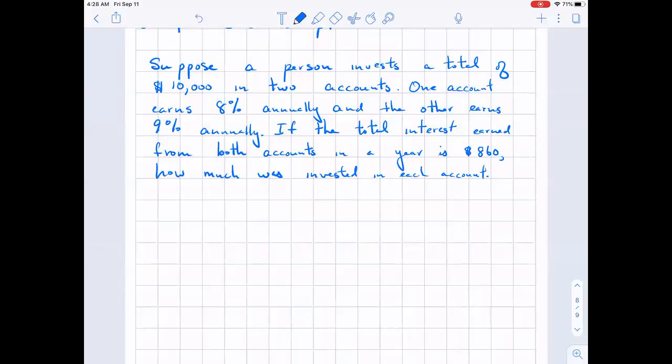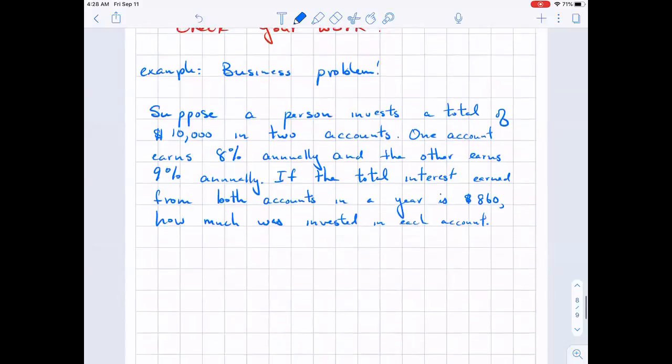So our next problem is what I call a business problem. Okay. And we're looking at bank accounts with investments. So here we go. Suppose a person invested a total of $10,000 in two accounts. So you have $10,000 and you put it in accounts.